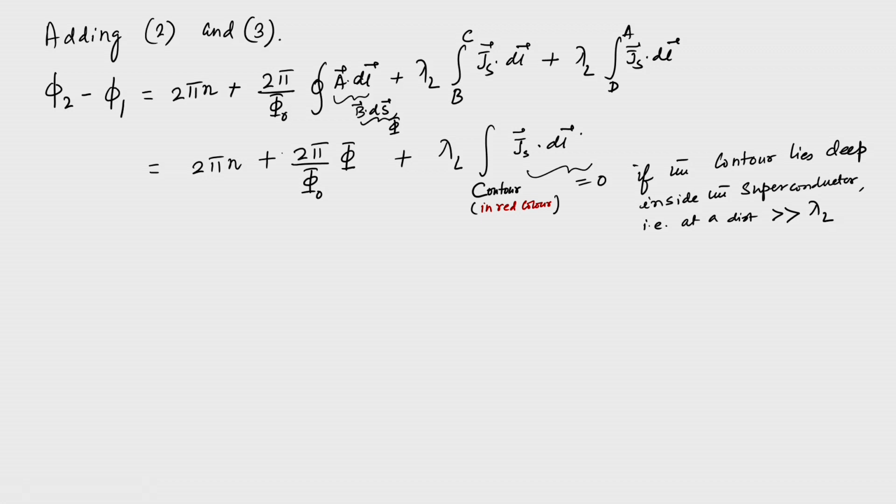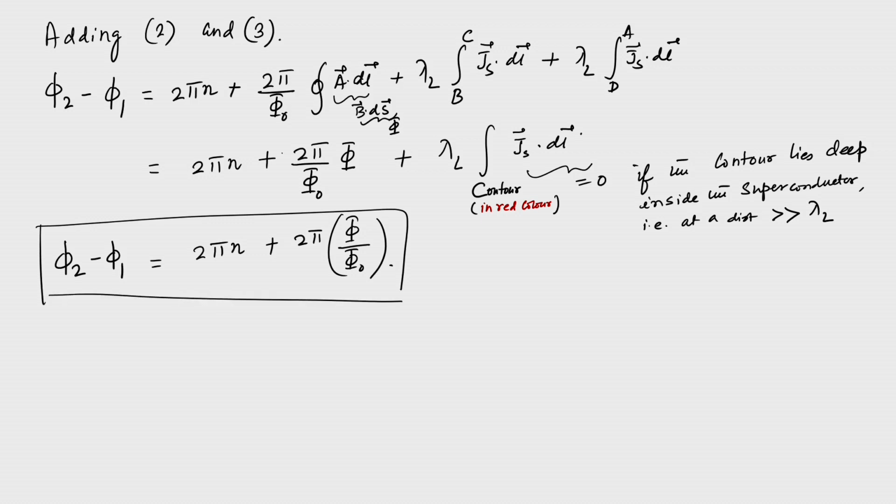So we land up with the expression that this difference in the phases of the condensate is nothing but 2 pi n plus 2 pi times the ratio phi by phi 0. So this is the equation that we need.